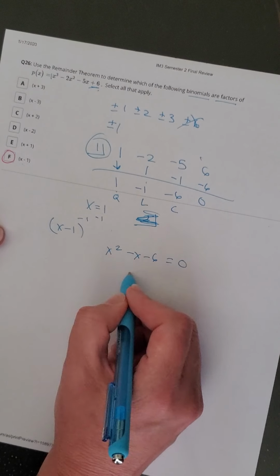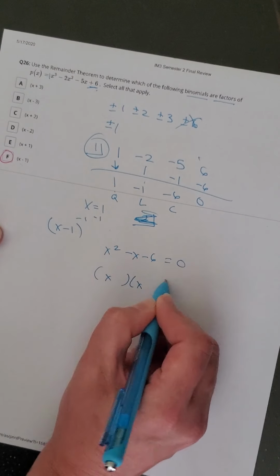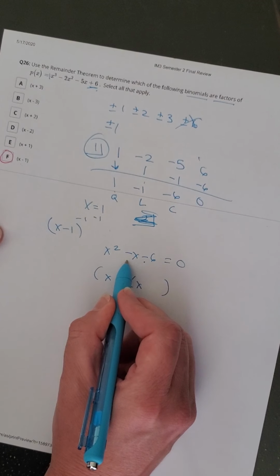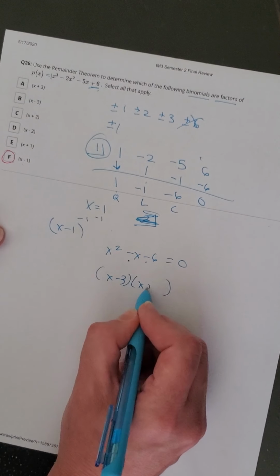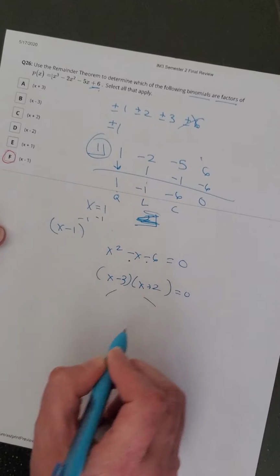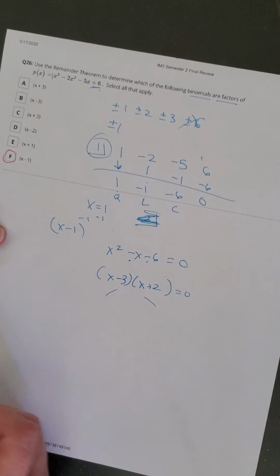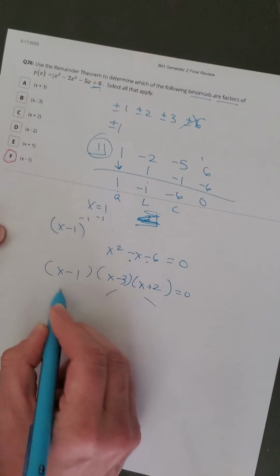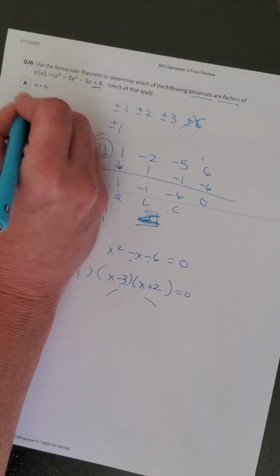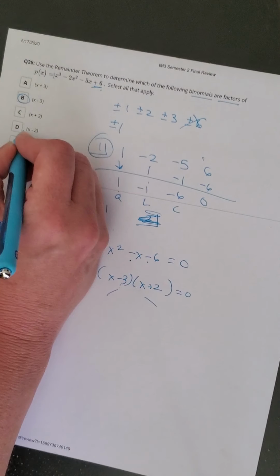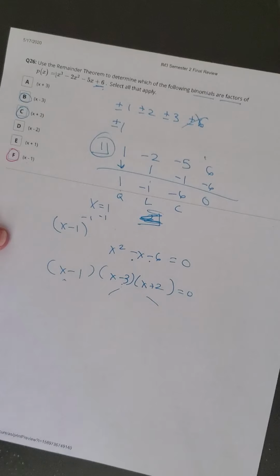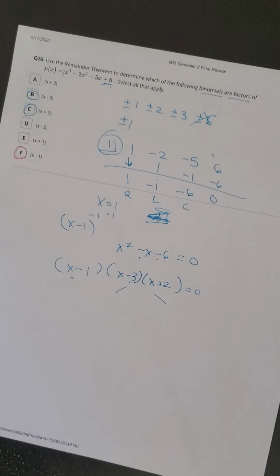Now I can see this factors really easily. So what will multiply to -6 and add to -1, which is -3 and +2. That means that these are my other 2 factors. So x minus 1, x minus 3, and x plus 2. Boom. There they were.